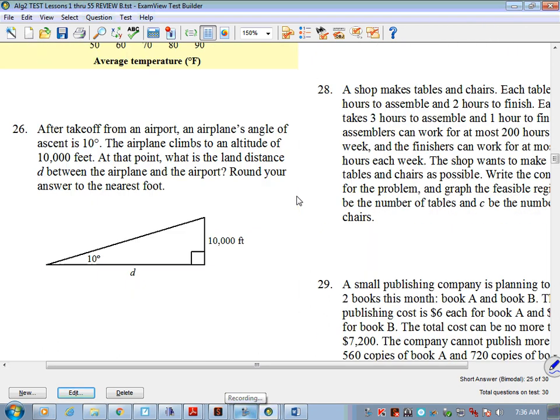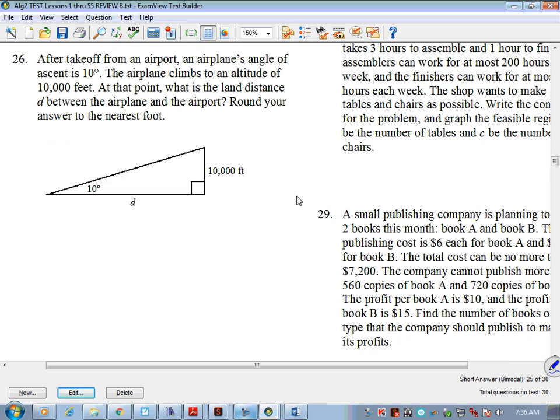Number 26, we're going to come back to lesson 46, finding trigonometric functions and their reciprocals. Remember we're going to be using sine, cosine, or tangent for this. So we want to set up our equation likewise. We want to identify opposite, adjacent, and hypotenuse in terms of what we have and what we need to find.